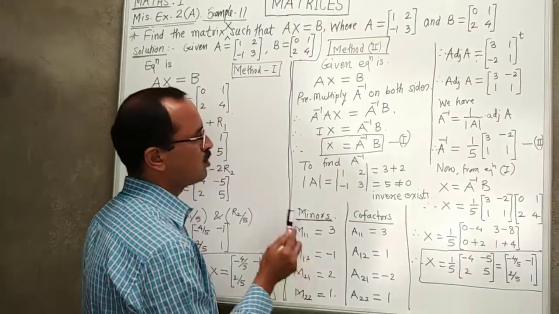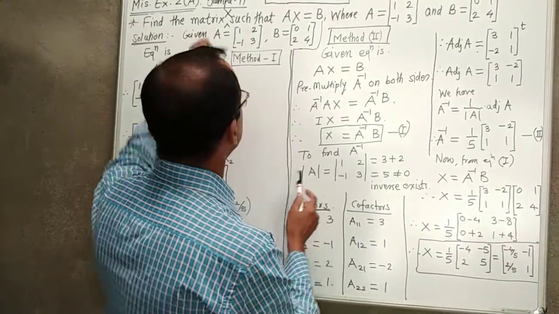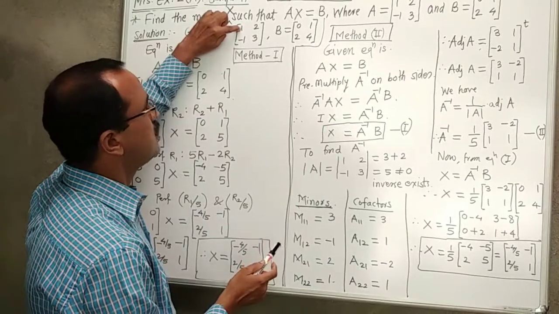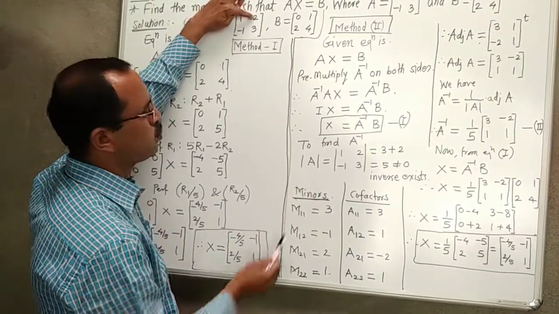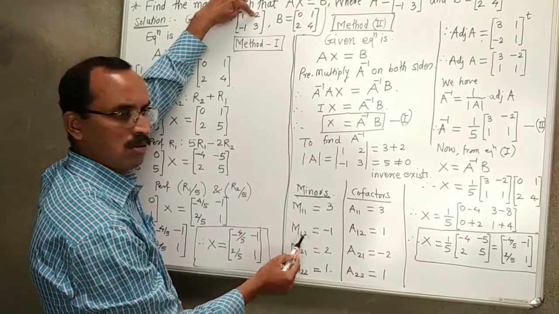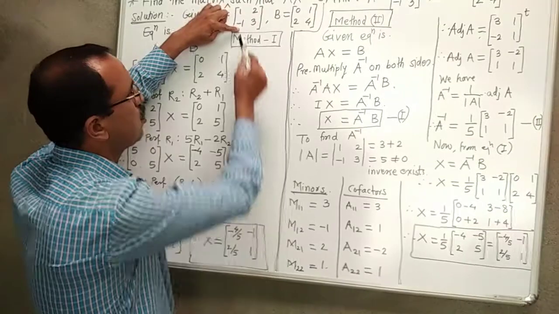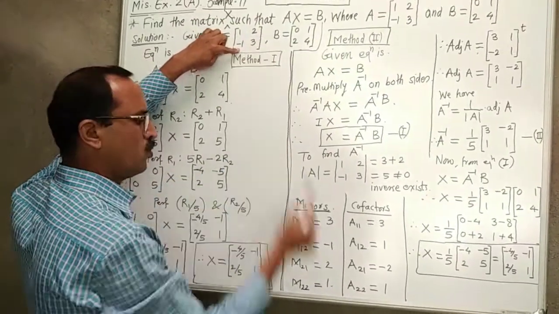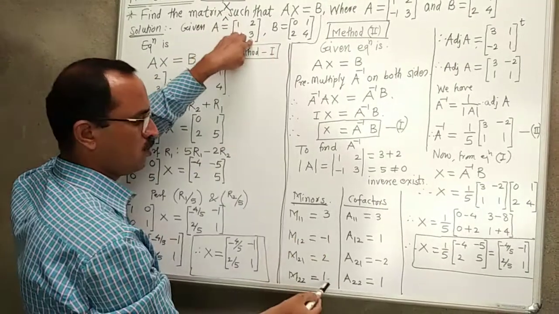So M11 is equal to, M11 means here the matrix A. Suppose this matrix is A. Here the element is 1, so my M11 is equal to 3. M12, the minor of this 2, is minus 1. Then M21 is equal to the minor of this minus 1, is 2. And M22, the minor of this 3, is equal to 1.